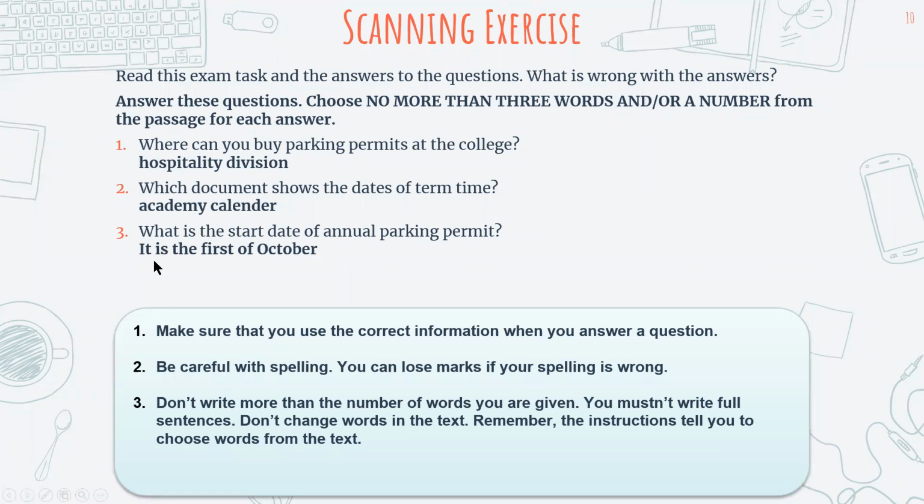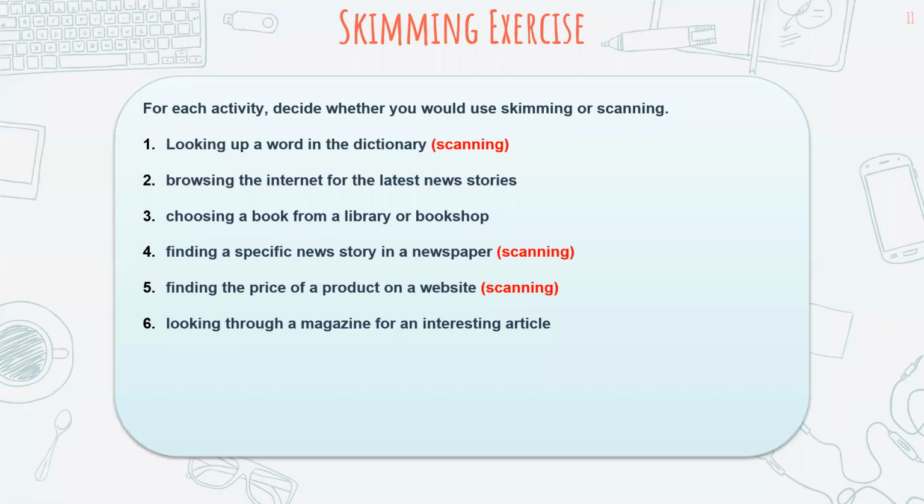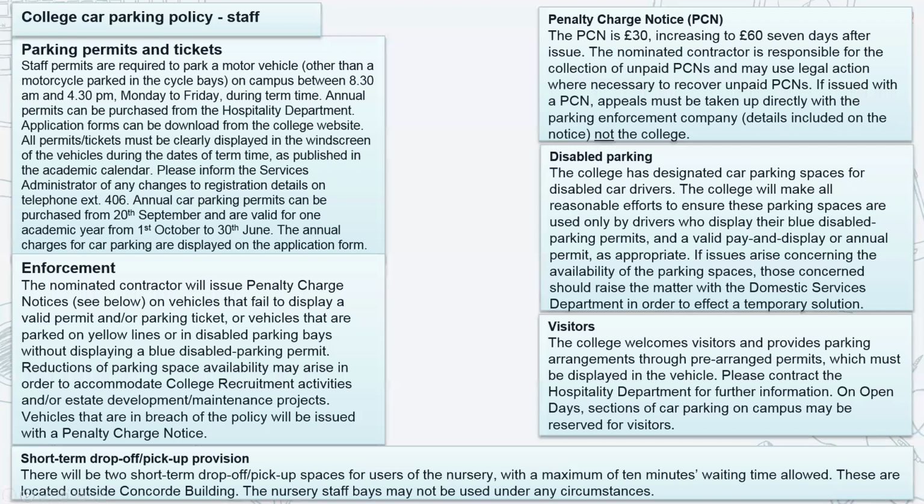A test taker answered, he says, it's the 1st of October. We said don't write more than the number of words that you're given, and don't use complete sentences. Don't write a sentence. So don't do that. Write only the words that you are instructed to use.